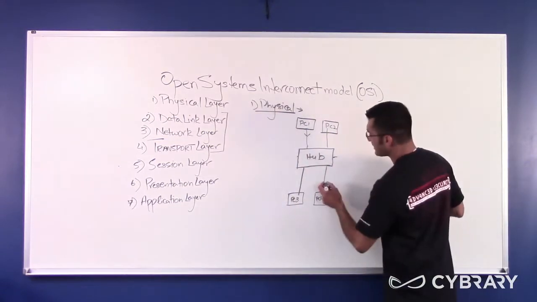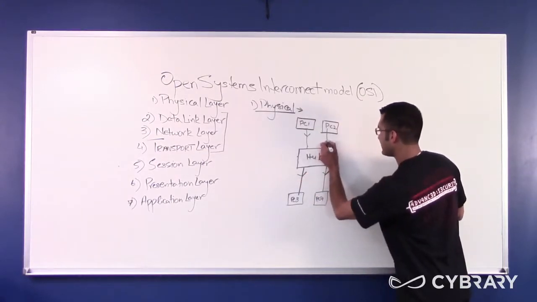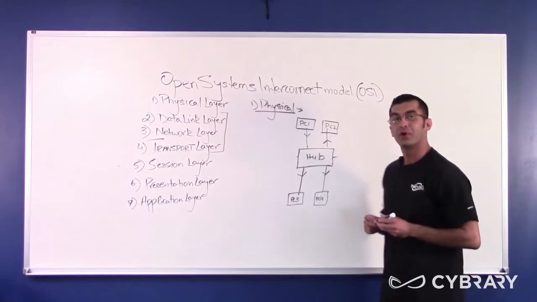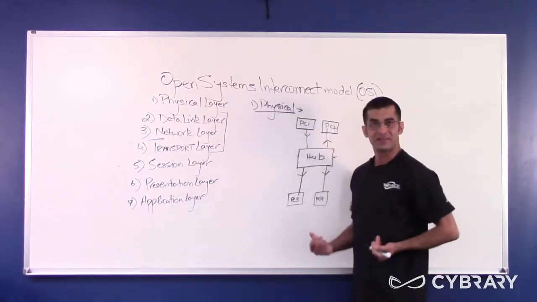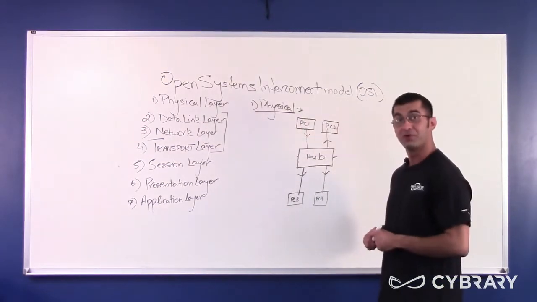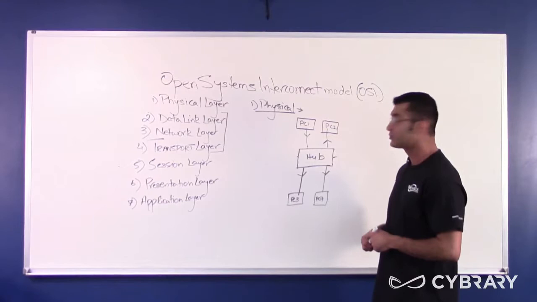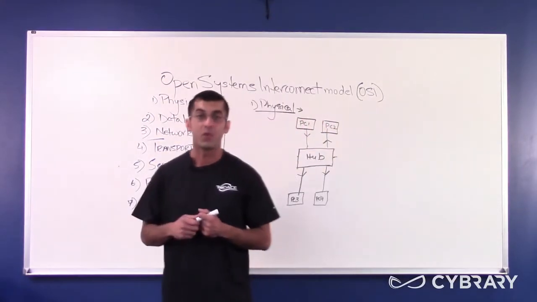The hub will flood the signal out every other port to all other devices except the port that originated the signal. So it makes sense. PC1 sent the signal. You don't want PC1 receiving the same signal back. So a hub will repeat the signal out, or flood the signal out, all other ports except the one that originated the signal.